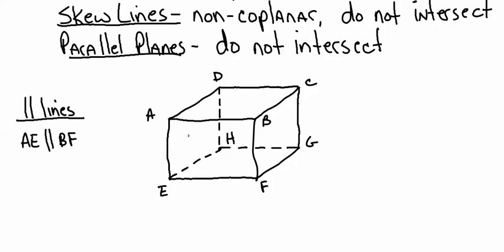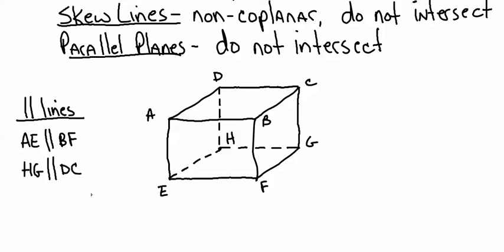They're in the same plane, and they don't intersect. And HG is parallel to DC, good. What else is HG parallel to? EF in the front here, isn't it?